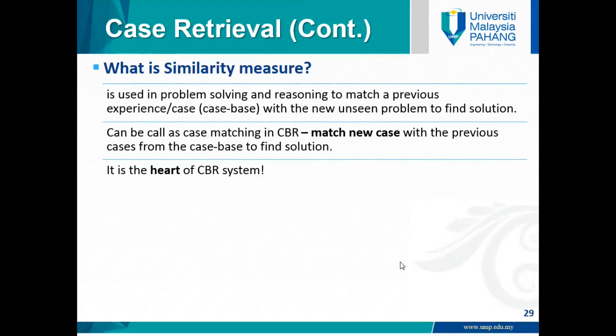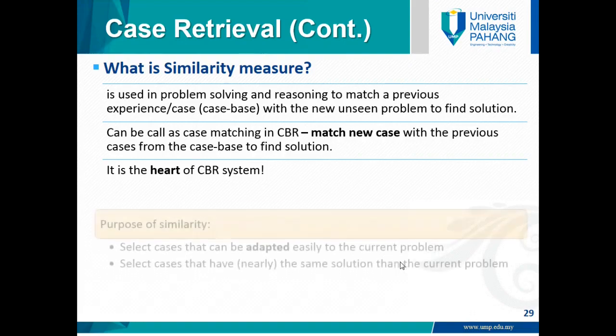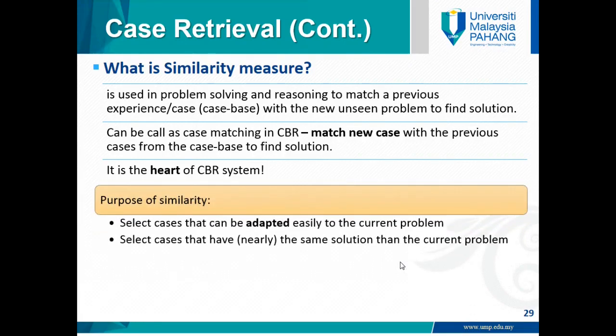Otherwise, we are not going to reach the right solution. The key concept here is that designing and implementing the similarity measure in a correct way will lead us to good reasoning, and this good reasoning can lead us to propose the right solutions for our new problem.